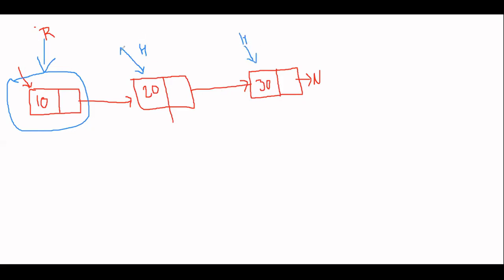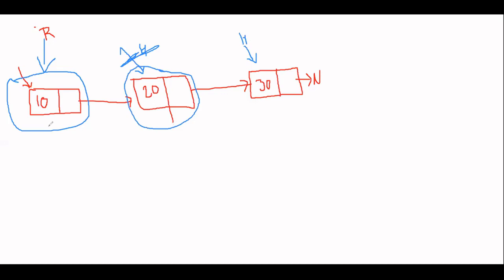Let's remove this head, and this node has already been created. We don't need to create any node. So what it should do is just add it in the front of this reverse head.